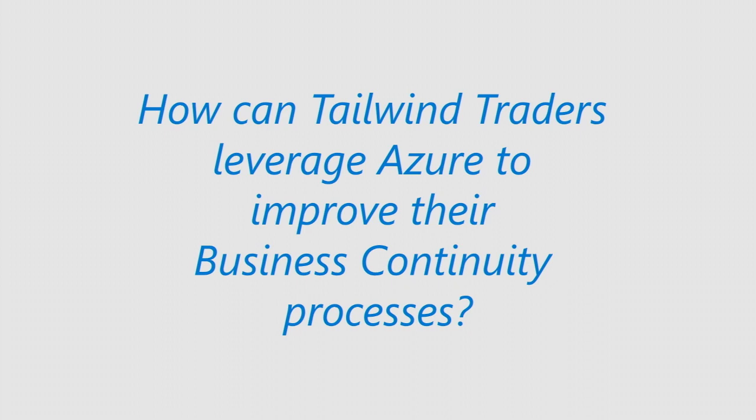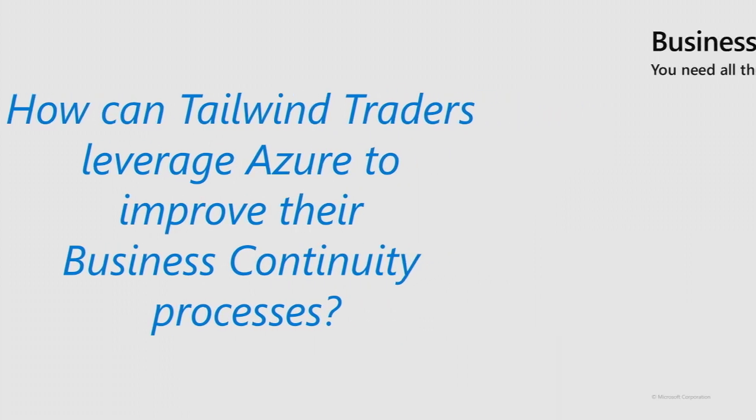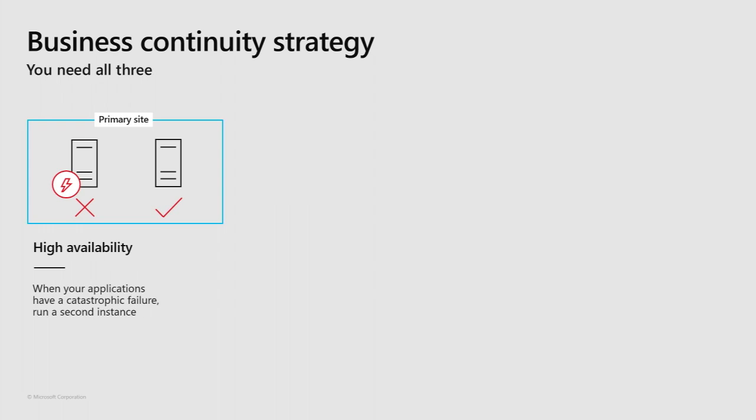So stepping back and looking at this, the very first part is coming up with your strategy. And your strategy has to encompass a couple of different things. The first thing should be, when you're designing and working with different workloads, are you leveraging the existing high availability of those workloads in your on-premises environment? And are you using them effectively? So the idea is that when one server disappears, the second server is up and running.